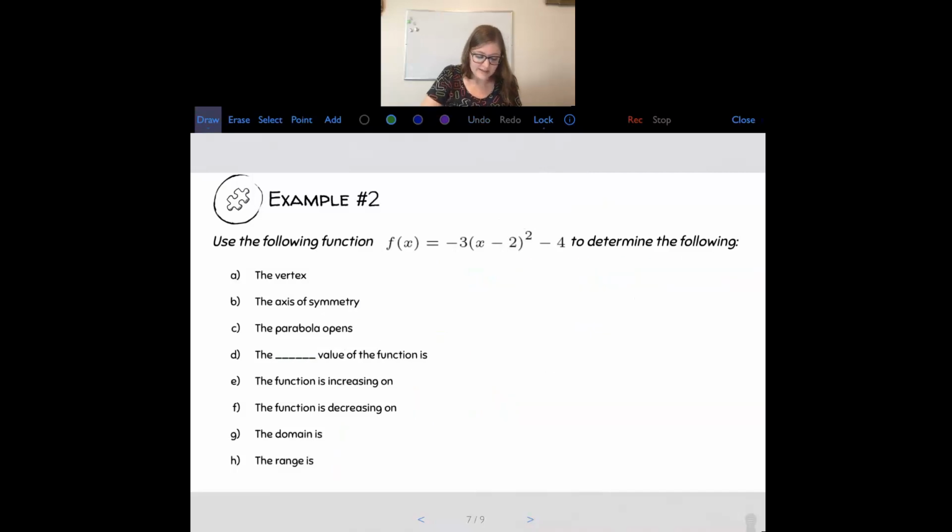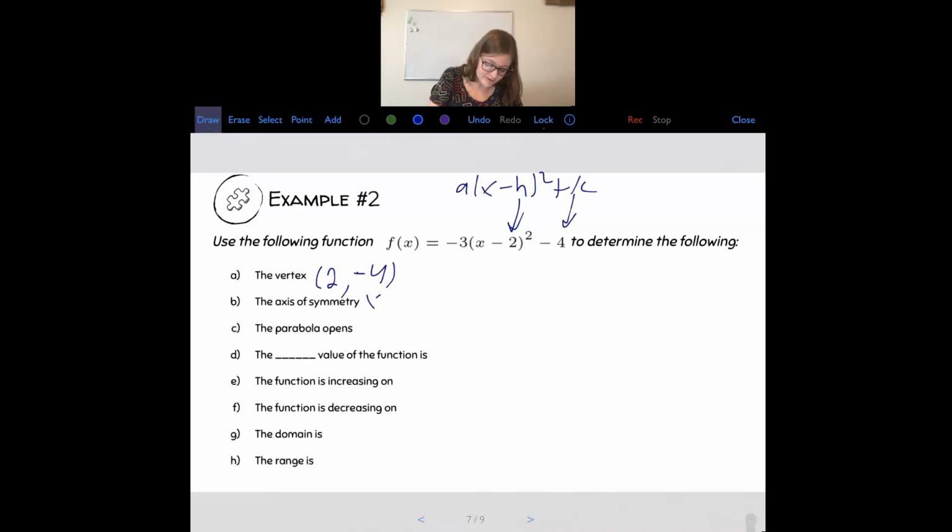Okay. Example 2, use the following function, f of x is equal to negative 3 times (x minus 2) squared minus 4 to determine the following. So the vertex, we have it in the form, so in this case, h is 2, k is negative 4. So the coordinate of the vertex here is (2, negative 4).